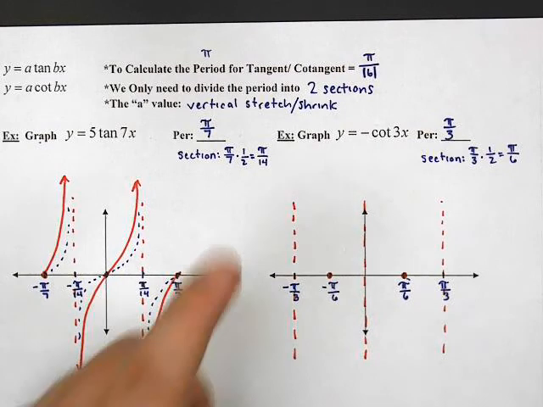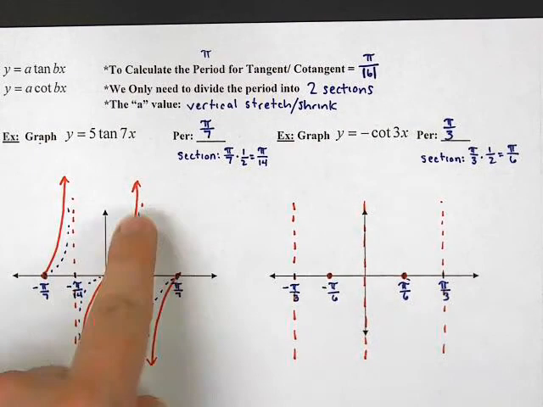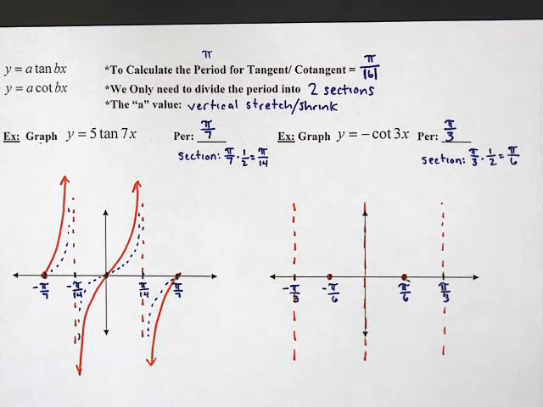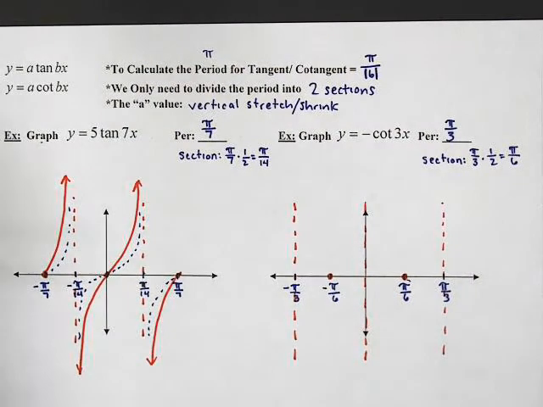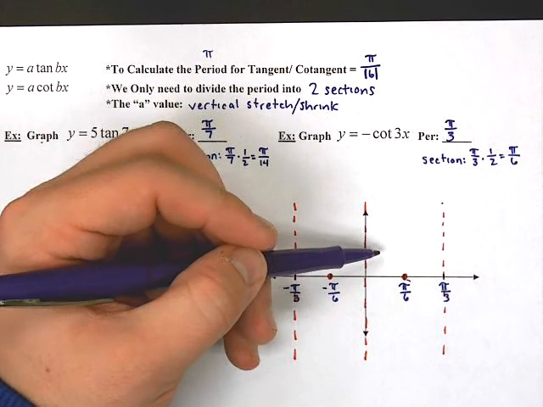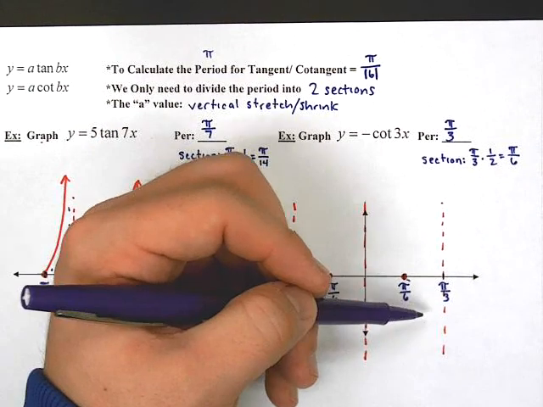We got to think about this now. We don't have an a value, so we don't have to do any dashed curves. We're ready to graph because there's no real stretch, but there is a negative. Okay, there is a negative. Now, if we remember, normally cotangent is positive in quadrant 1 and negative in quadrant 2.